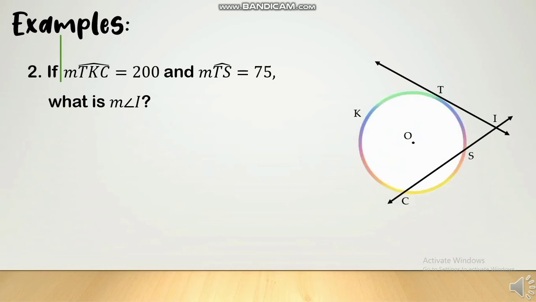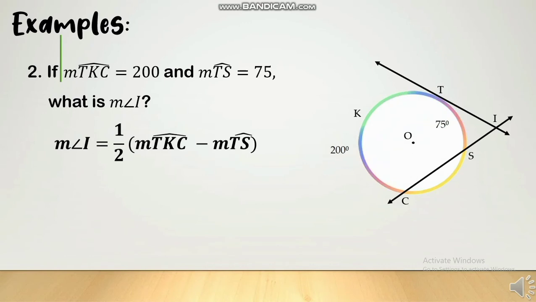So the angle I will be 1/2 times the difference of the measure of arc TKC and measure of arc TS. So the measure of angle I is equal to 1/2 times the quantity 200 minus 75 because the measure of arc TKC is 200 and the measure of arc TS is 75.